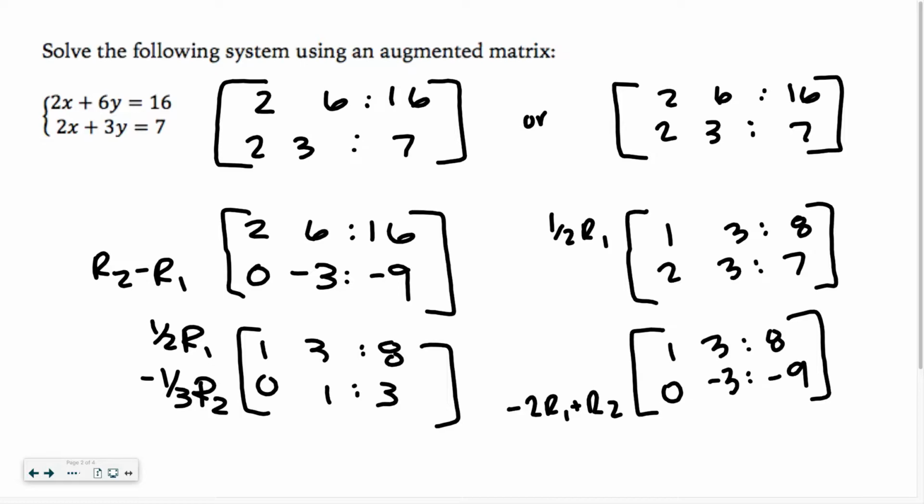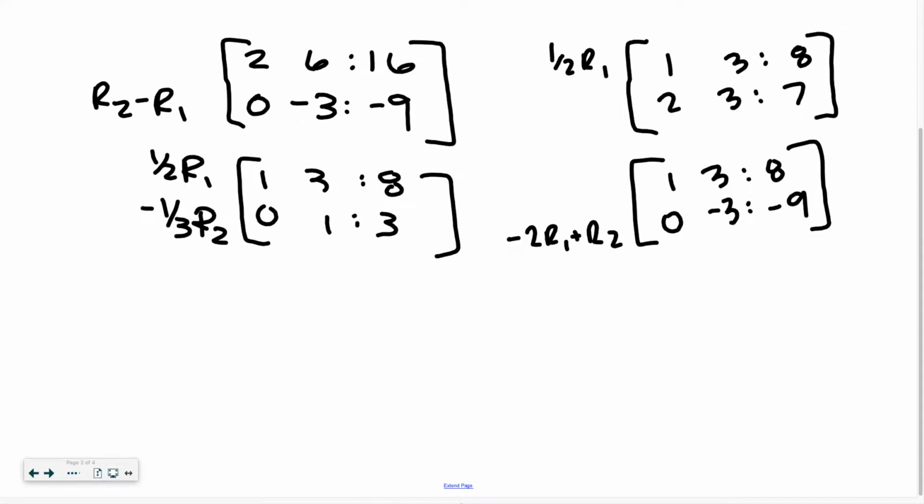And again, multiply by a scalar to get my 1. If you did it the other way, you might have a positive 3 and a positive 9. Okay. If you had, on this first one, subtracted in the other direction, then I would multiply negative 1/3 row 2. And actually on this one, we come up with the same matrix.